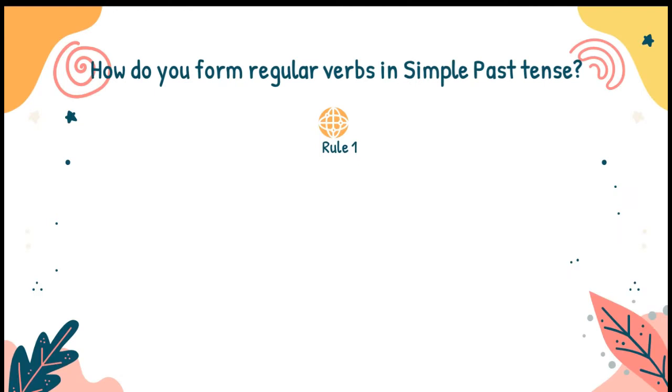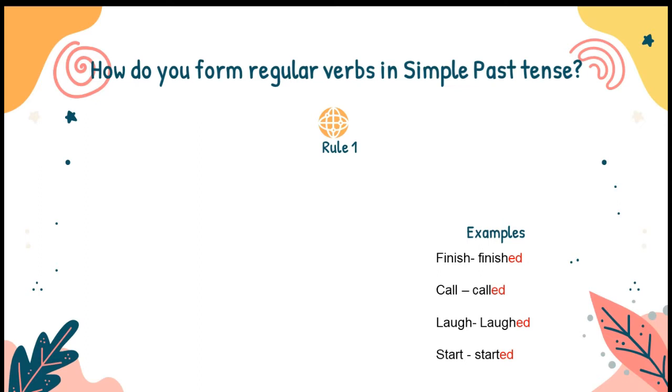Now, how do you form regular verbs in simple past tense? As I said to you before, regular verbs, we just need to put ed in the end of the word. For example, for the rule 1, the example is finish become finished, call, called, laugh, laughed, start, started.